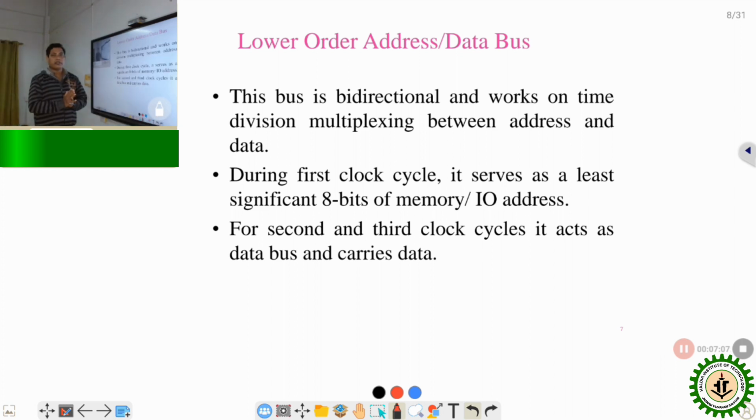During the first clock cycle or clock period it carries the address, whereas during the next two states, called T2 and T3 states, it carries the data from the microprocessor or to the microprocessor.